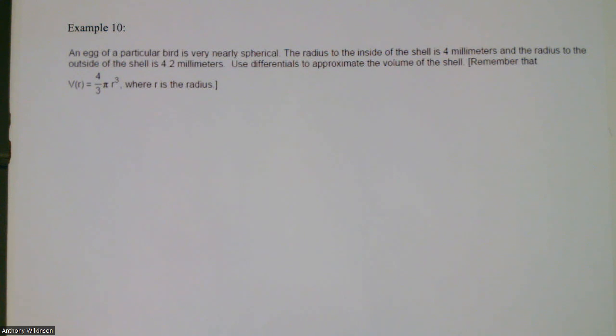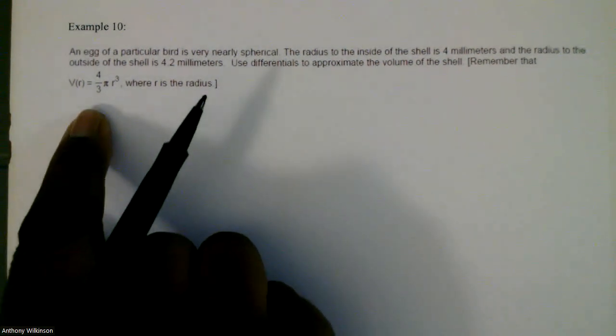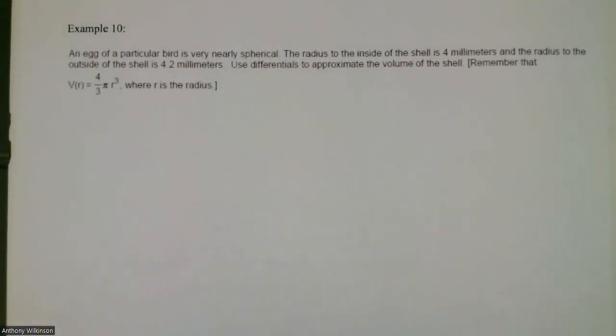The radius to the inside of the shell is 4 millimeters, and the radius to the outside of the shell is 4.2 millimeters. Use differentials to approximate the volume of the shell. Now, they tell you that the volume of any sphere is this formula: V of r is equal to 4/3 pi times the radius cubed.